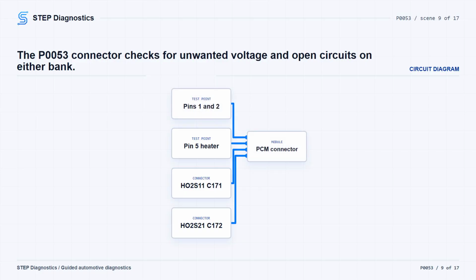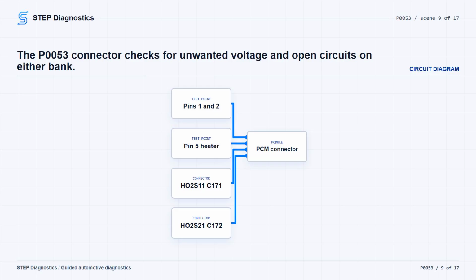Now check the UO2S, UO2S GREF, and UO2S HTR circuits for opens. On HO2S11, measure C171 pin 1 to C1232T pin 44, C171 pin 2 to C1232T pin 45, and C171 pin 5 to C1232T pin 47.